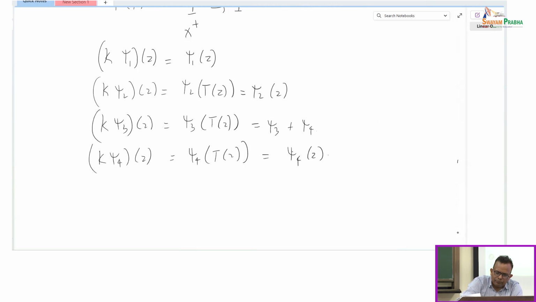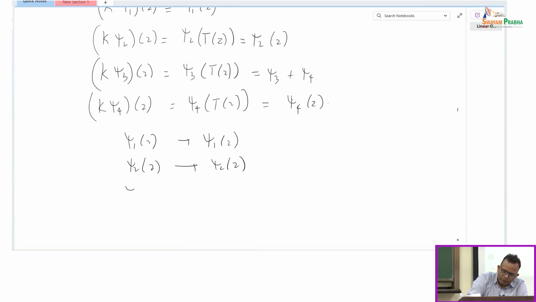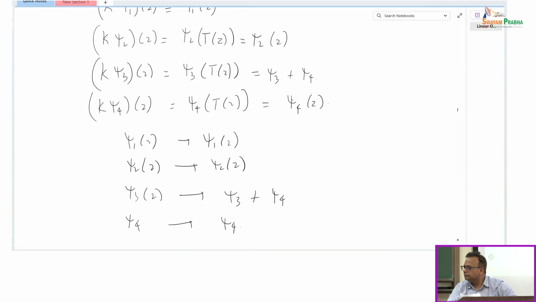Because if I write this in terms of a matrix, then basically what it's saying is that psi 1 of z goes to psi 1 of z, psi 2 of z goes to psi 2 of z, psi 3 of z goes to psi 3 plus psi 4, and then psi 4 goes to psi 4. Right? So that's your matrix. Now you can write down this matrix in a different form.